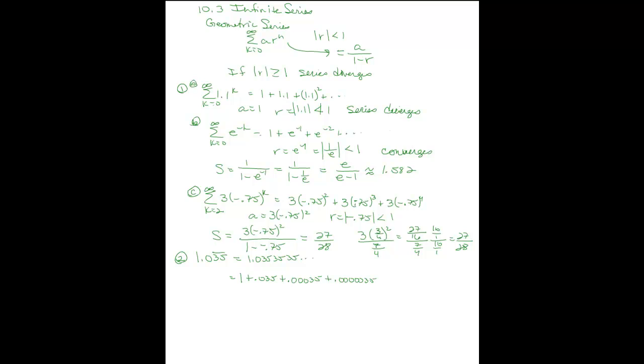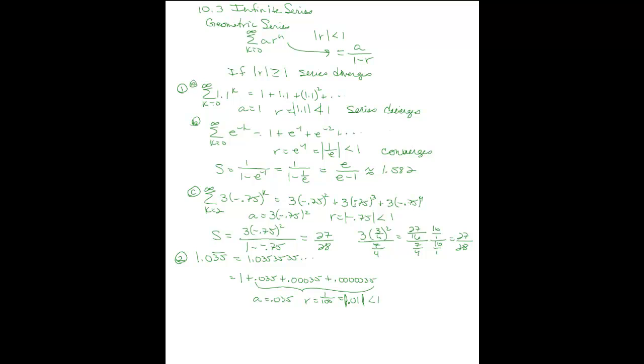I'm going to leave the 1 off and add it back in later. Just look at this portion right here. And I'm going to say that a, the first term, is 0.035. Now, how am I getting to the next term? I am multiplying by 1 over 100, because that would move the decimal 2 places, a 0.01, which the absolute value of that is less than 1. So yes, it does converge.